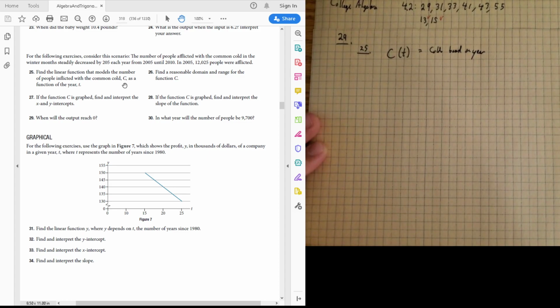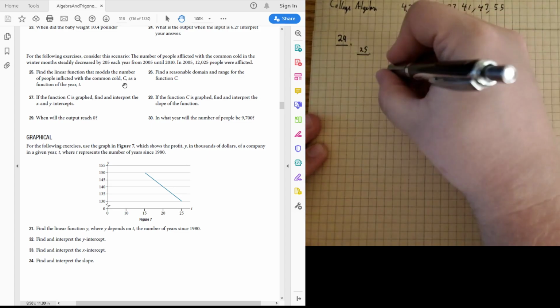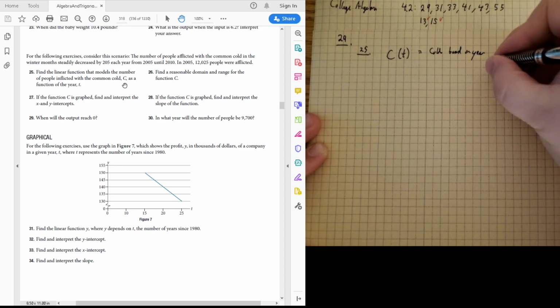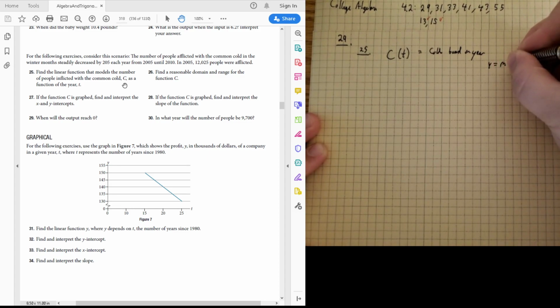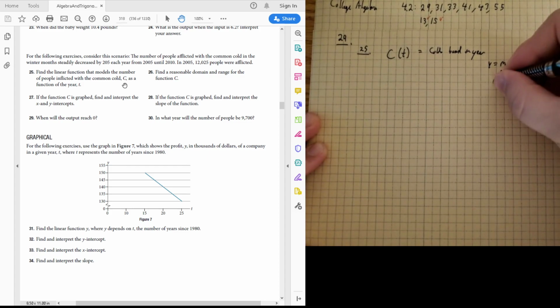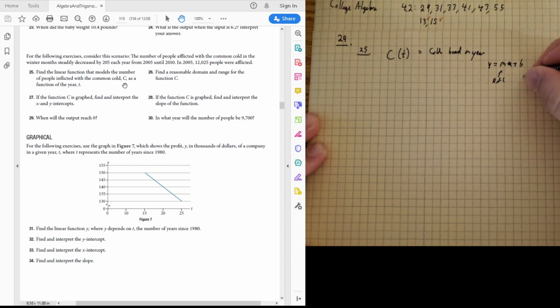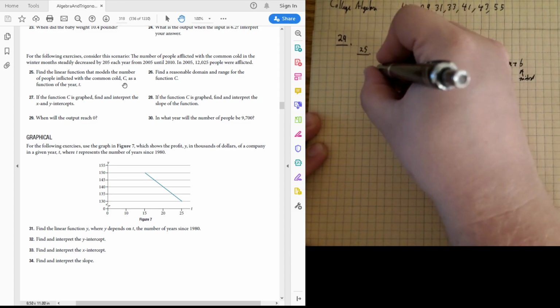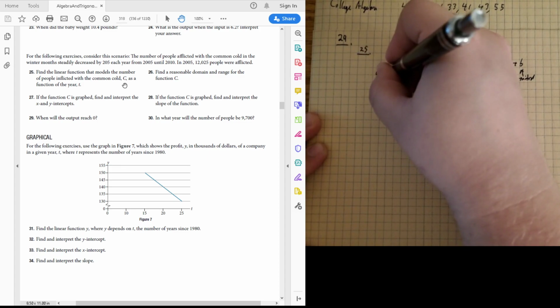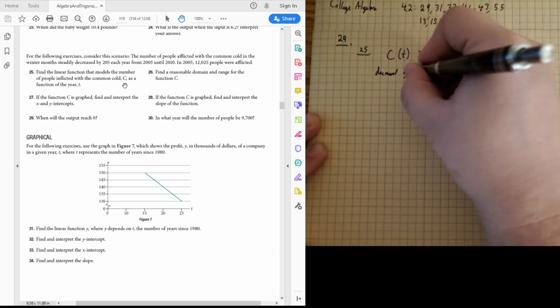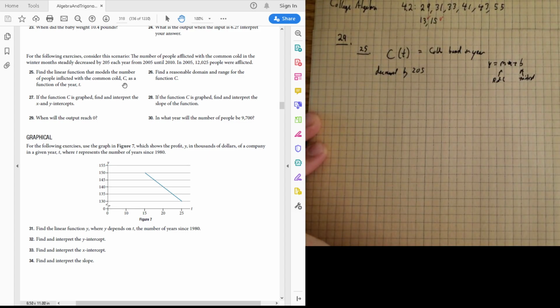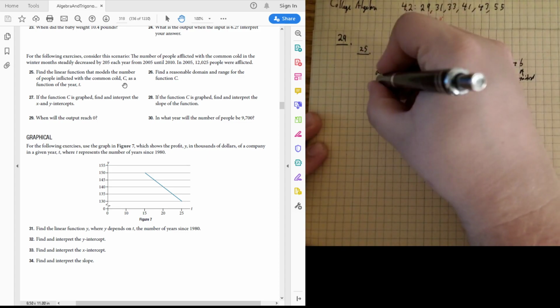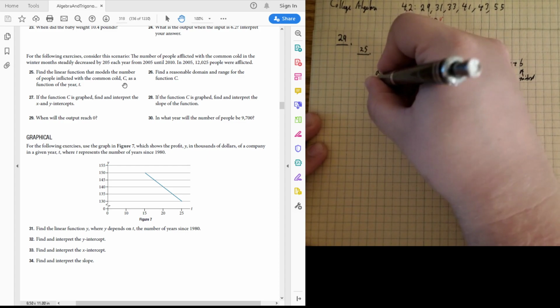All right, well, let's write that function. Remember, this is going to be a linear function. So we have y equals mx plus b, where m is the rate of change, and b is the initial value. It tells me we have decreased by 205 cases, and we started in 2005.